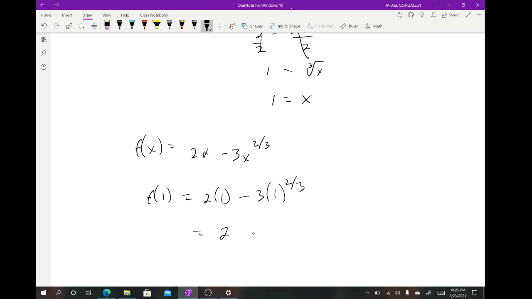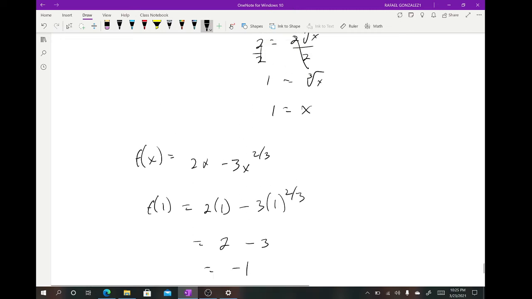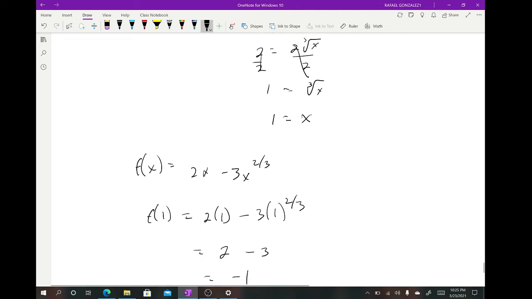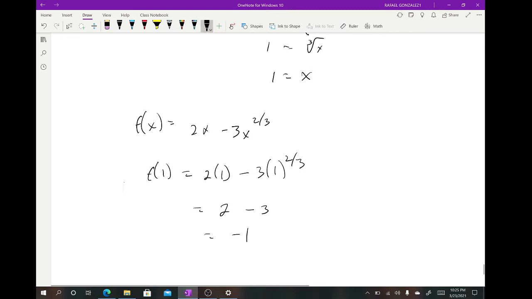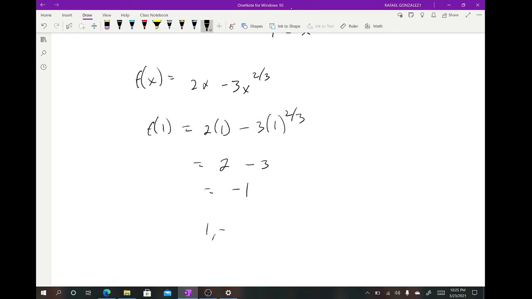That's going to be equal to 2 minus 3, which is simply equal to minus 1. So when we plug in 1 into the original function, we get negative 1. So we have the point 1, negative 1. This is a critical point.